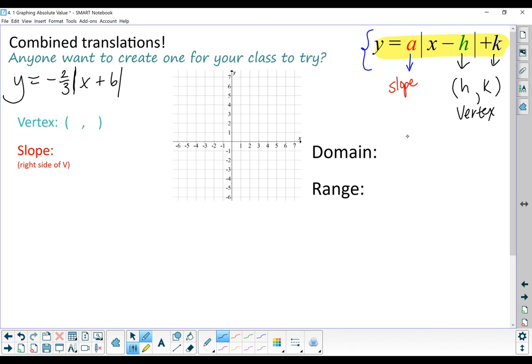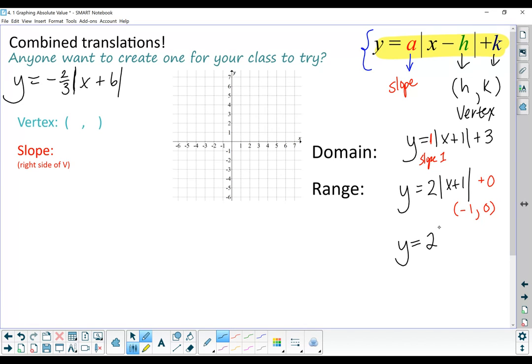So for example, one of the ways that it can be invisible is if we have a function like this, and the slope isn't directly written there, so sometimes people forget that the slope is 1. Or if we have a function and maybe it looks like this, and so it doesn't have a number written over here, and so we have to remember that that number is a 0, so our vertex sort of has that invisible number as part of it. Those are the more tricky ones to get the hang of when you're first learning.